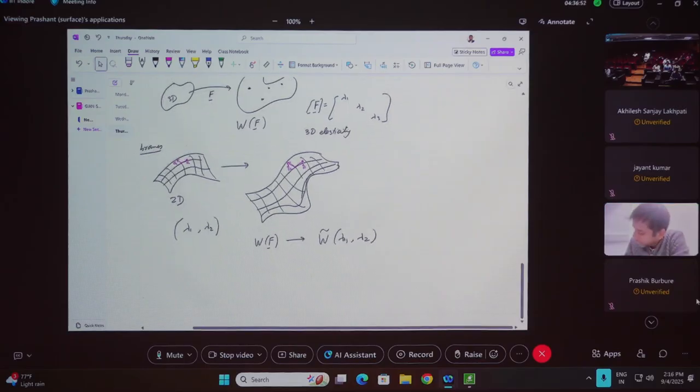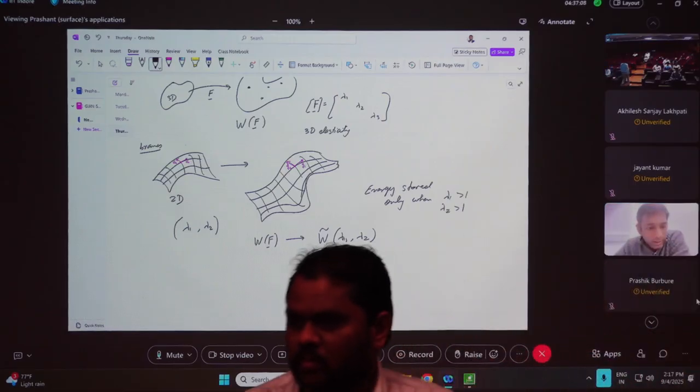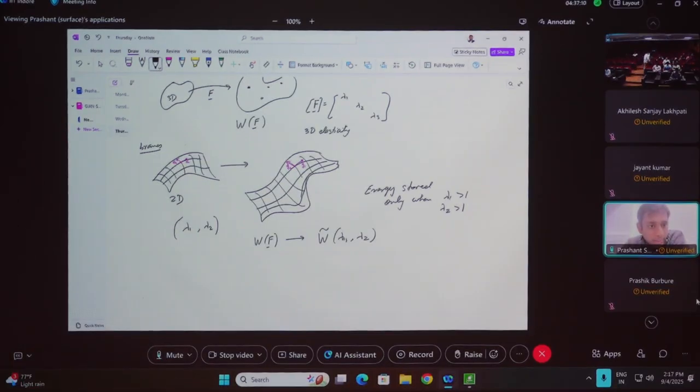So essentially, energy is stored only when lambda 1 is greater than 1 and lambda 2 is greater than 1. If any of those lambdas reduce and become less than 1, then basically you need to redefine the problem.